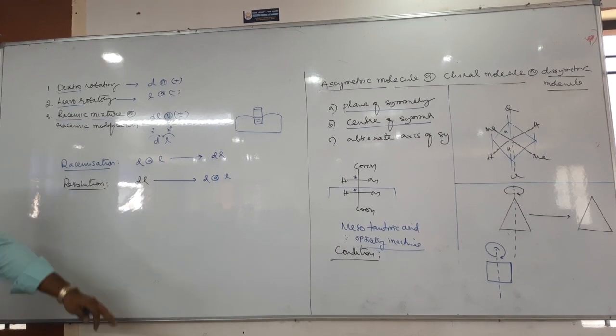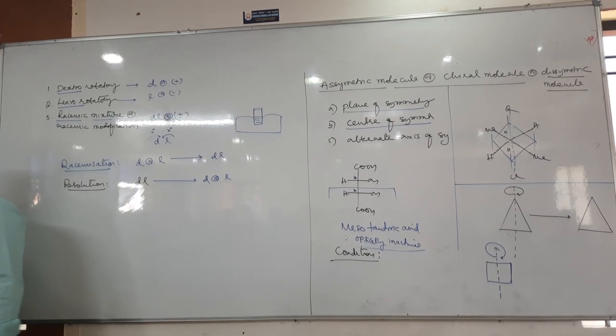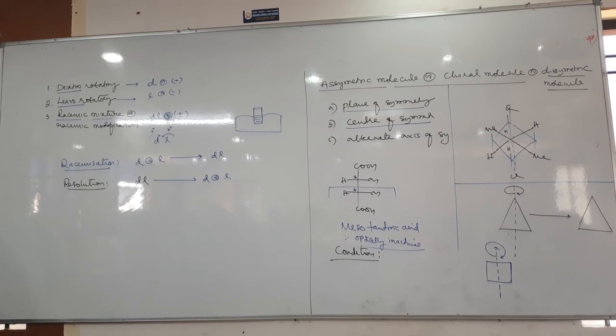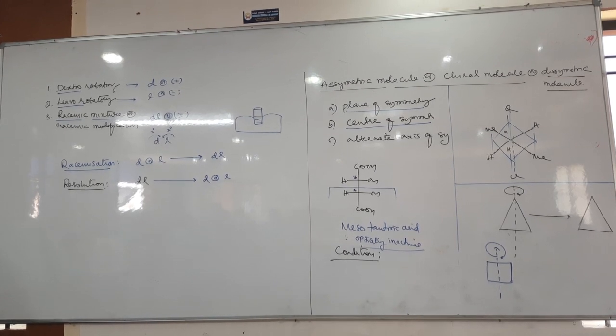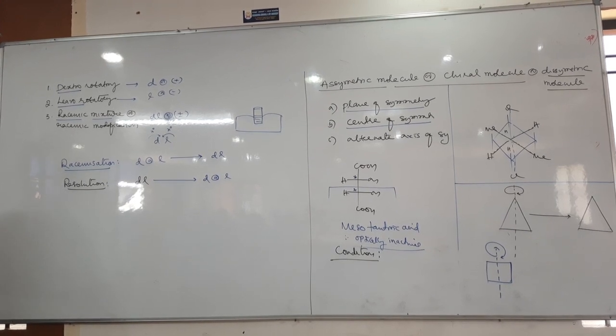Okay, write down. Dextrorotatory. The optically active isomer which can rotate plane polarized light towards the right side or clockwise direction is called dextrorotatory.